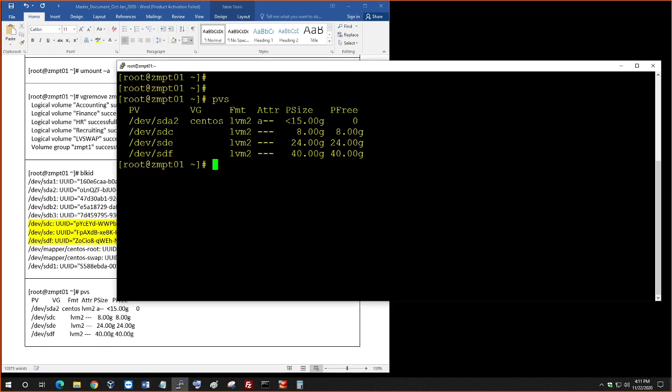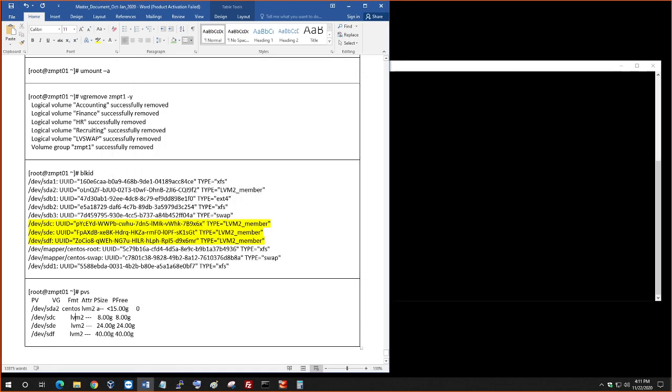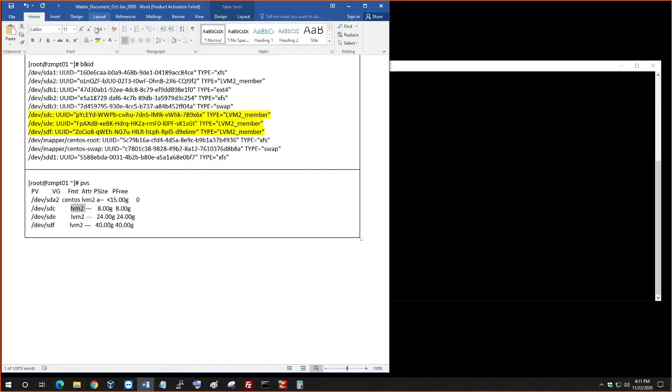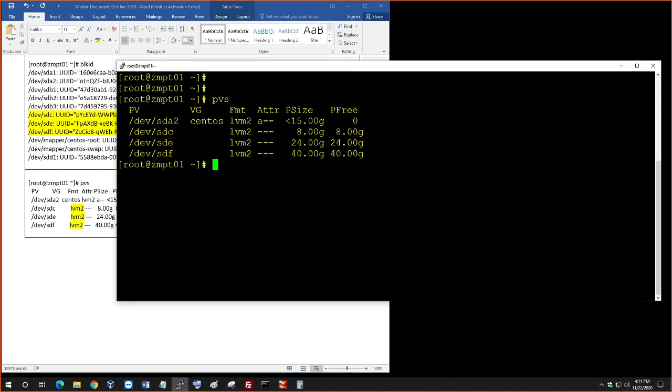Now, I'm going to highlight LVM, so this is still LVM formatted disks. So what you do is pvremove. Earlier, the very first thing we did was pvcreate. Now I'm going to pvremove all these things here.